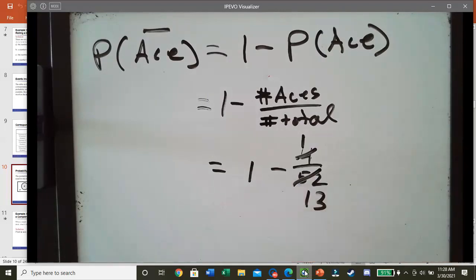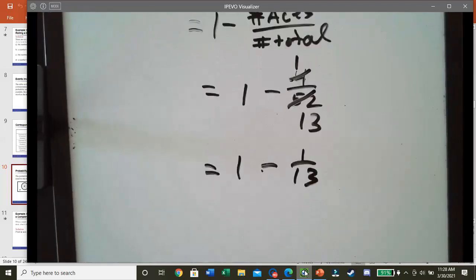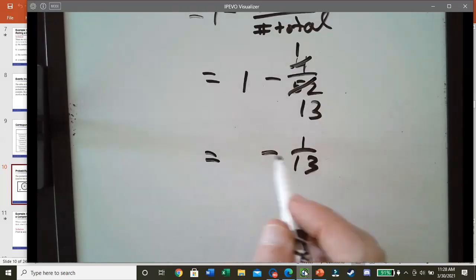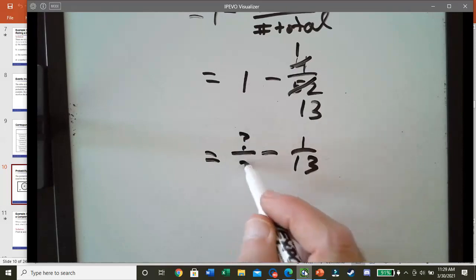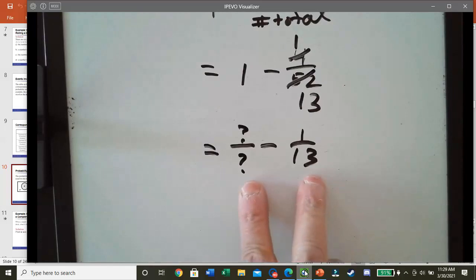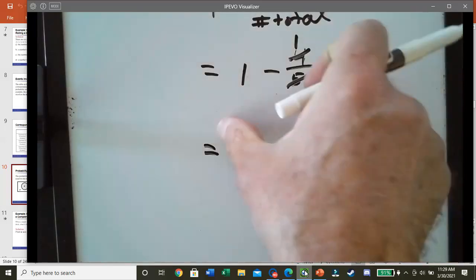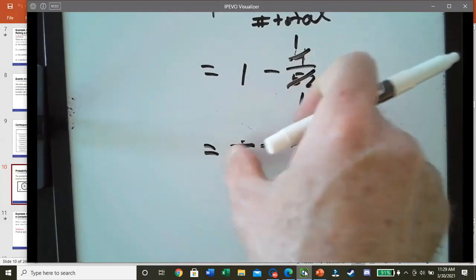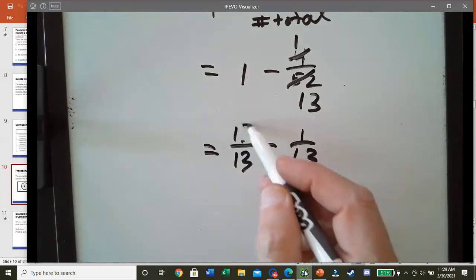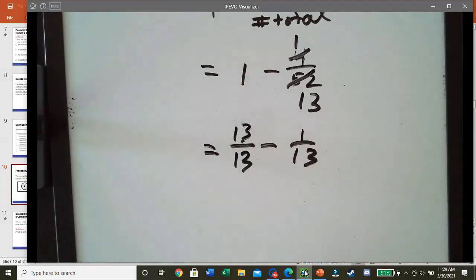So this will be 1 minus 1 over 13. So if we change the 1 to a common denominator, what would that be? What over what? We need a common denominator, right? Well, we need 13 in the denominator, and so 13 over 13 is 1, right?